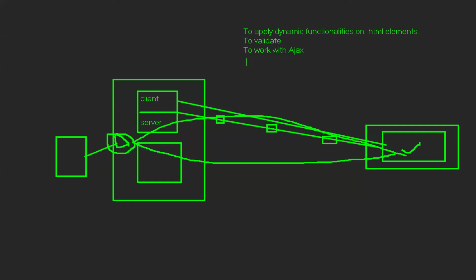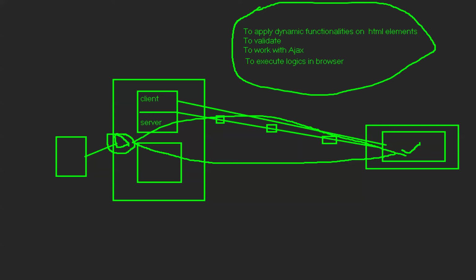Next one is to execute logics in the browser. So these are the main areas where we use these client-side technologies. For example, in this fourth point, the logics we develop with client-side code execute in the browser. If you develop logics in server-side code, those logics execute on the server.